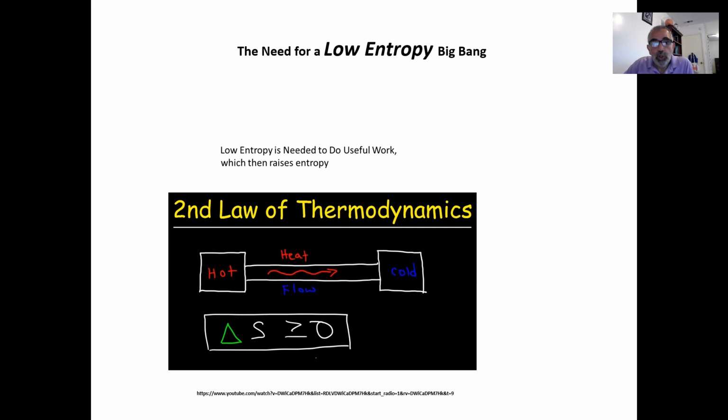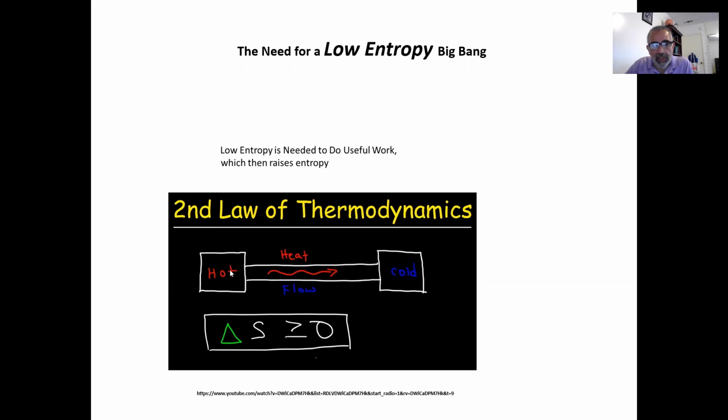But entropy features in what is known as the second law of thermodynamics. And one way to think about entropy is that low entropy is needed to do useful work. And after useful work is done, then entropy rises. And the second law of thermodynamics basically says that in any closed system, entropy always rises.